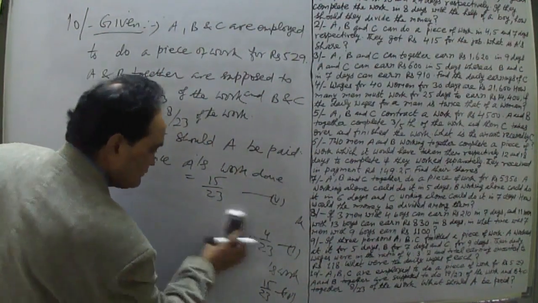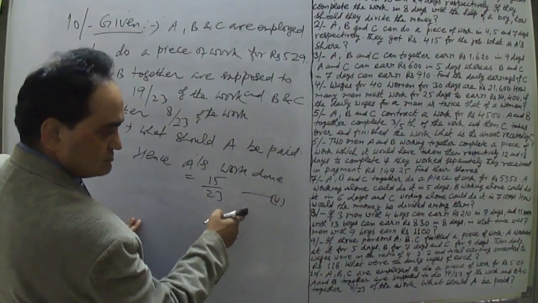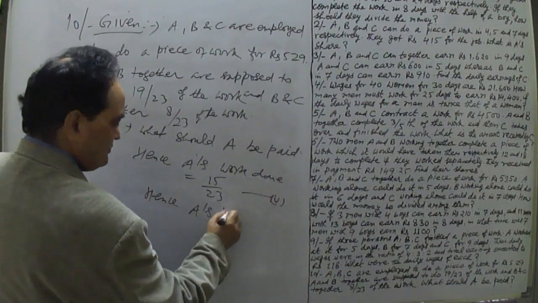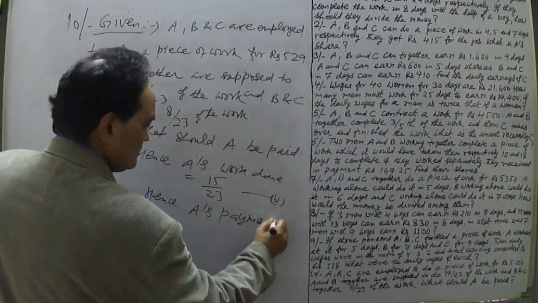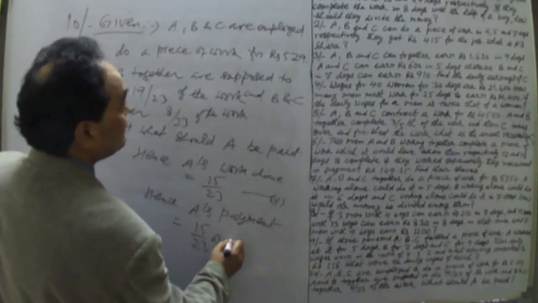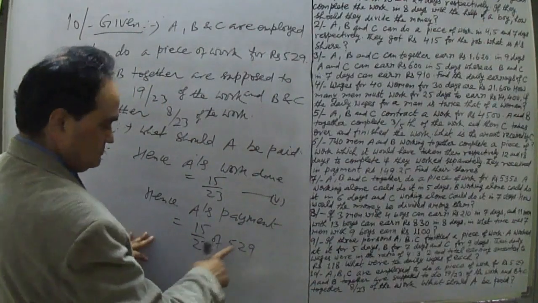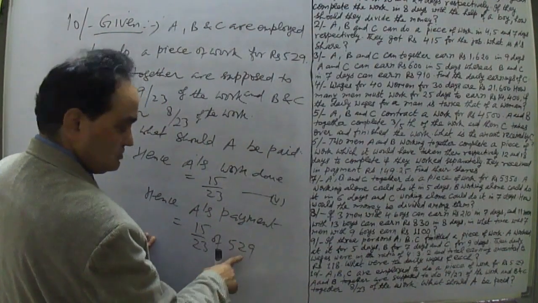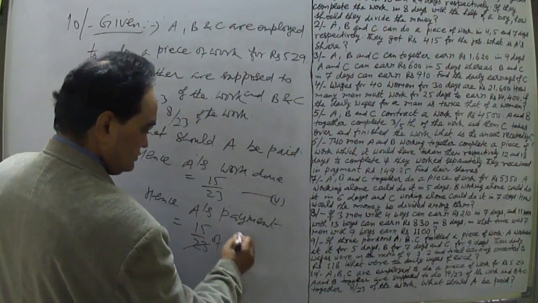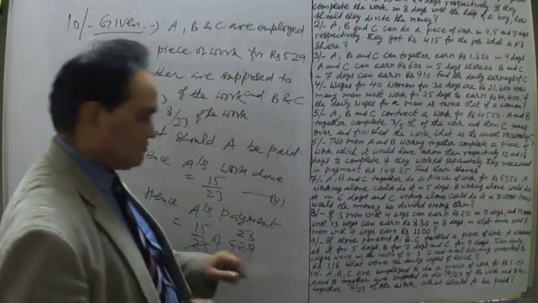Alright, now we can find the money obtained by A, what is the payment. A's payment is equal to 15 upon 23 of 529. This is 23 into 23, 529.